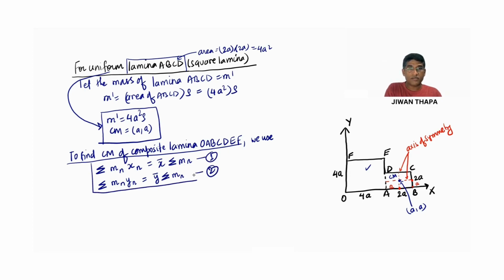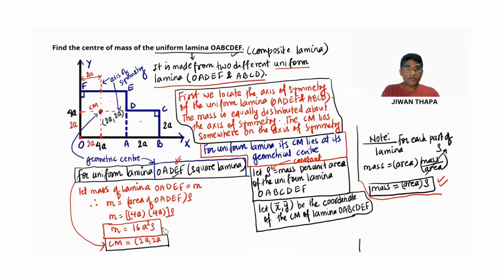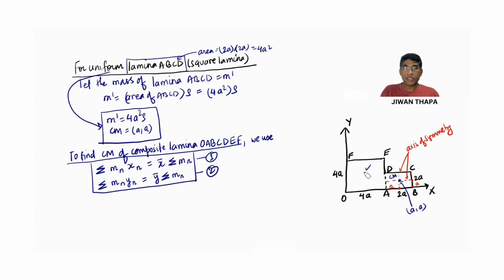Now what we do is that we have m equals 16a square rho, and the center of mass is at its geometrical center, and the coordinate is 2a comma 2a.